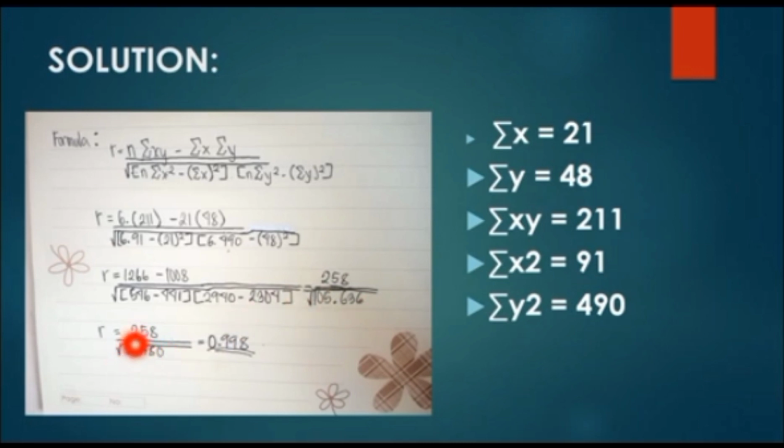So r equals 258 divided by the square root of 66780, which equals 0.998. This means the r value is very high. It indicates a strong linear relationship between x and y, because as x increases, y increases.